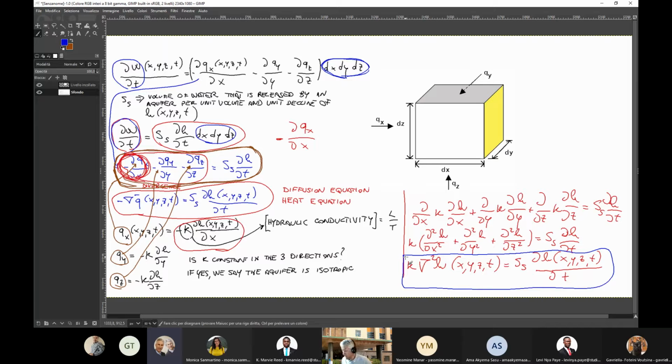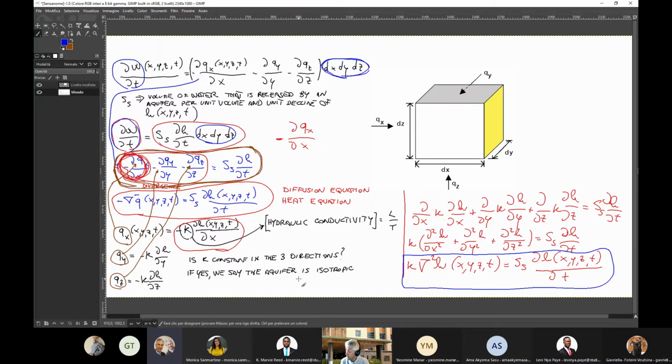It's an equation that has only one unknown, which is h, and it's then solvable. It's a combination of a mass balance equation with Darcy's law, which is an energy balance equation in the three directions of space. Of course, it's a second order equation, so it's not easy to solve.